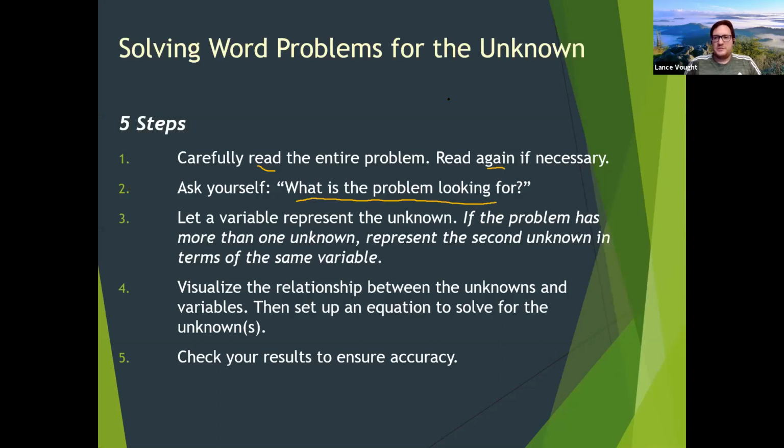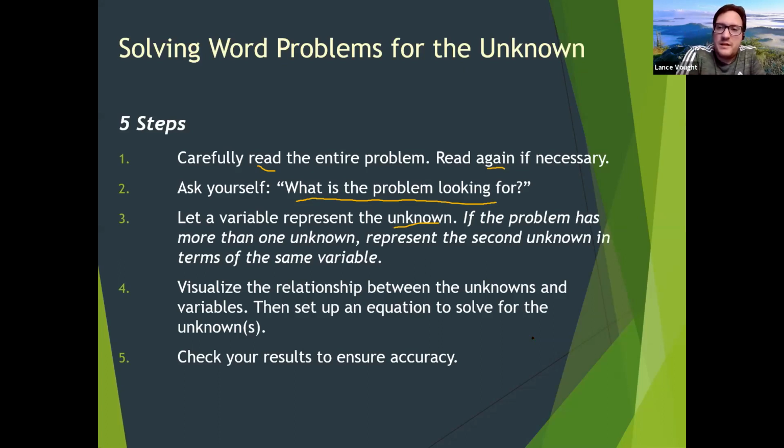There's a chance that you may have more than one unknown value. But if possible, sometimes it isn't, but in our case, it will be. If you have more than one unknown you need to find, typically you can express that other variable as the same variable.